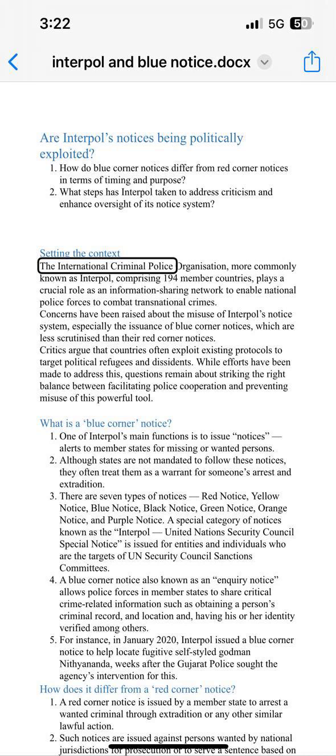Now, dear students, in the recent news dailies we have seen the blue notice and the red notice. So, what are they?